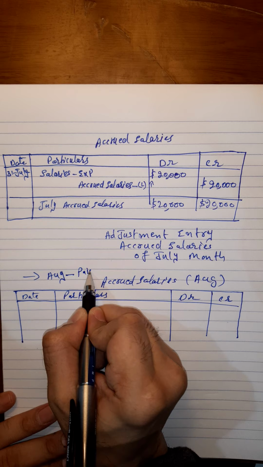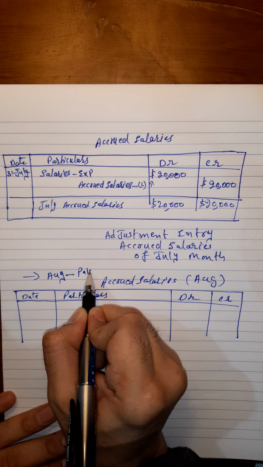Friends, now we will do the adjustment entry for accrued salaries of the July month. Now the month of August came. Right?